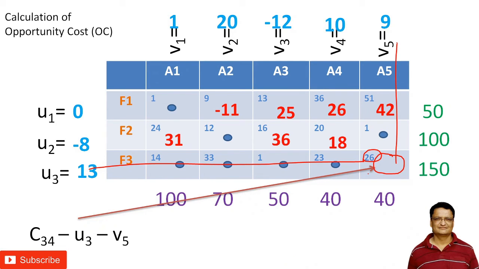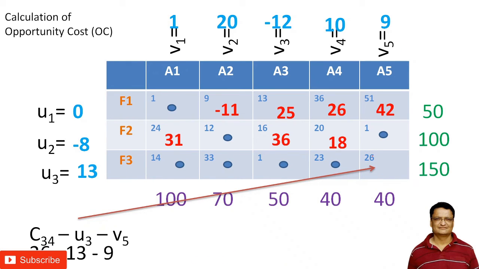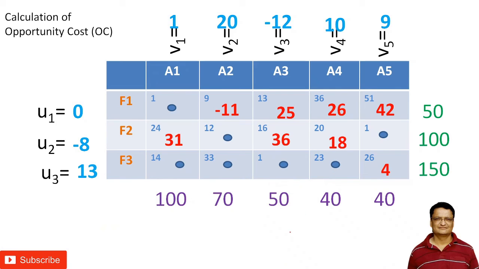So this is 26 minus this 13 minus this 9, which will give me the value of 4. Okay, so I have got the opportunity cost for all the empty cells.